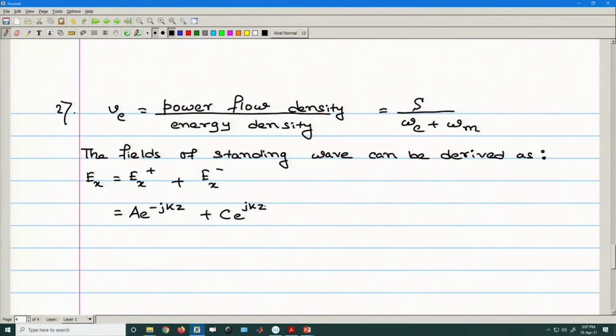Okay. Here the superscript plus denotes a plus z travelling wave and the superscript minus denotes a minus z travelling wave.